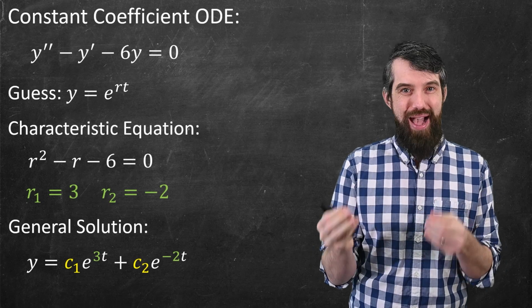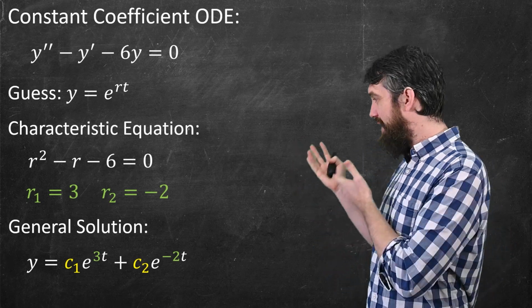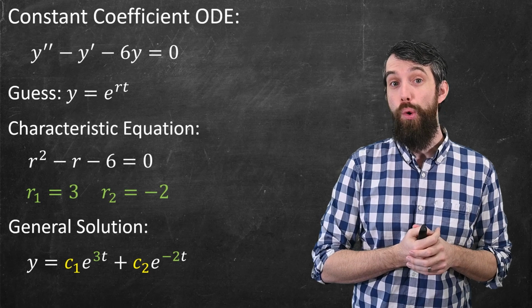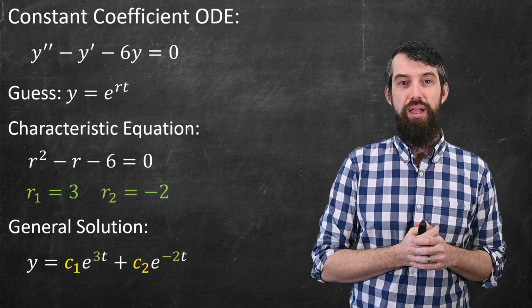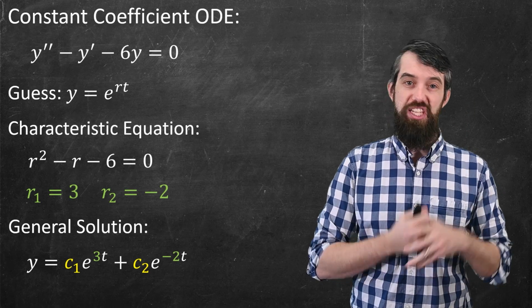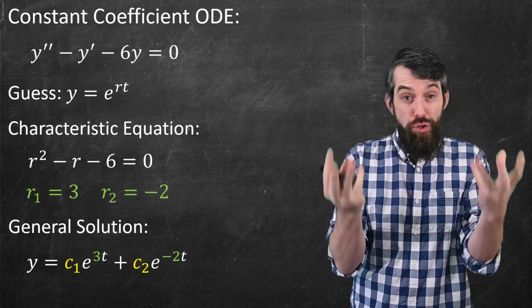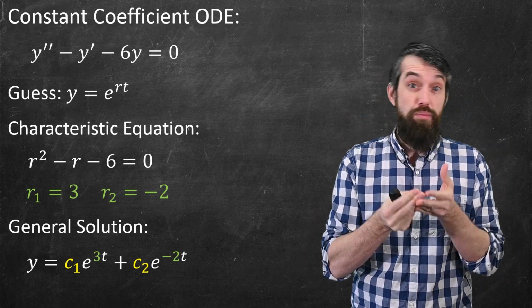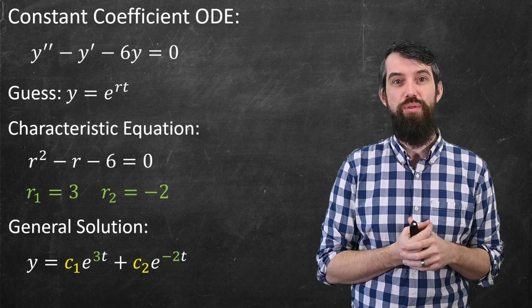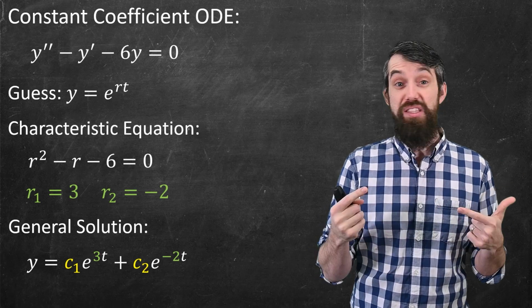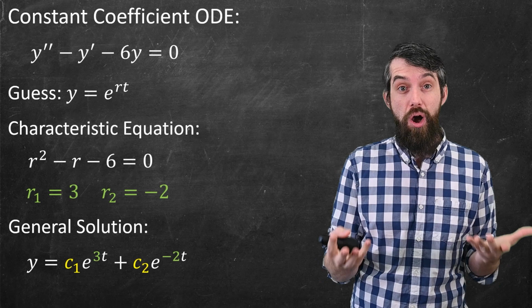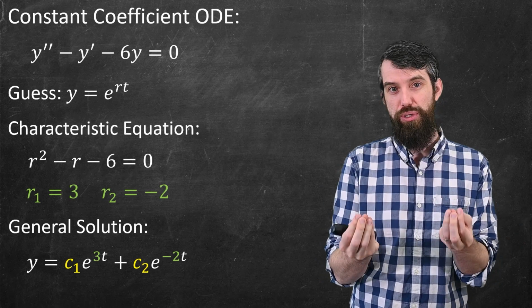But I just want to note how compatible this is with our theory. What we're saying here is that for a second order differential equation, in this case, you got two different solutions, e to the 3t and e to the minus 2t. Those two solutions are linearly independent. You could check if you wish that their Wronskian would be non-zero. And then indeed, the general solution is all linear combinations of those two fundamental solutions.